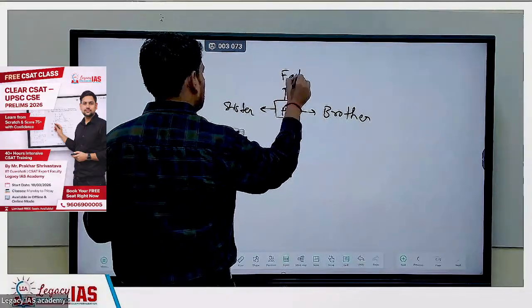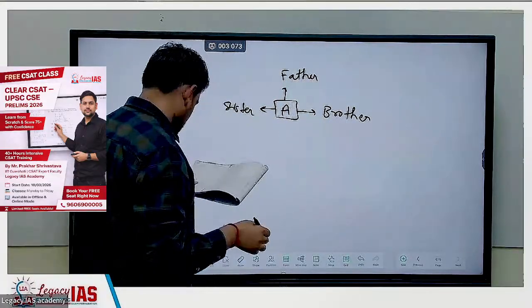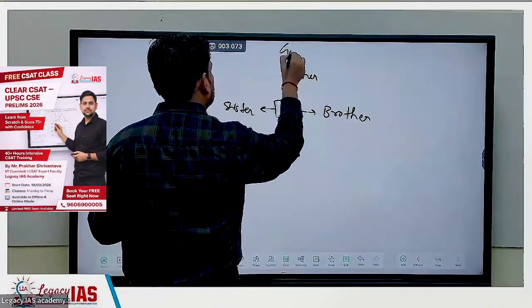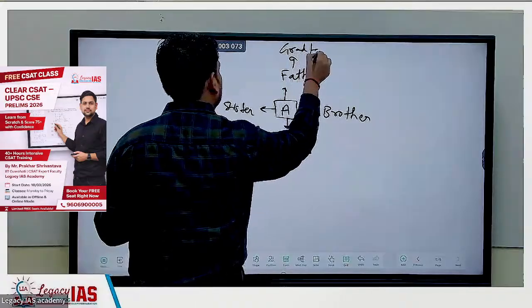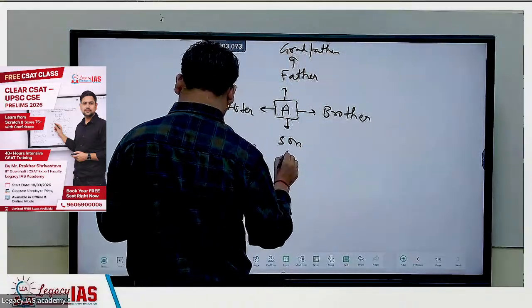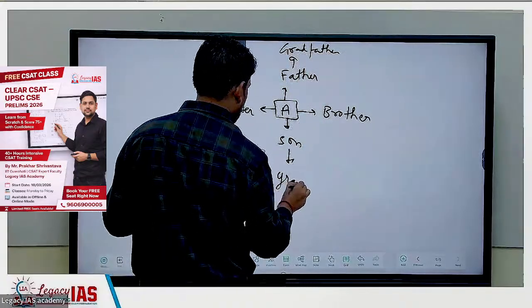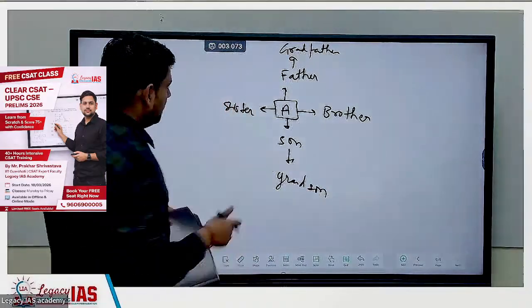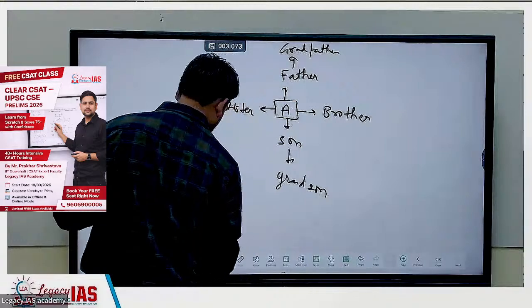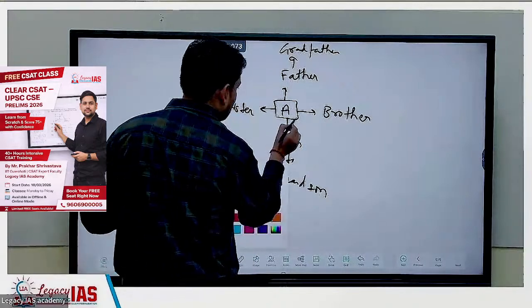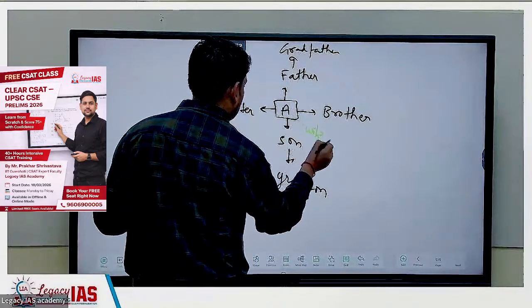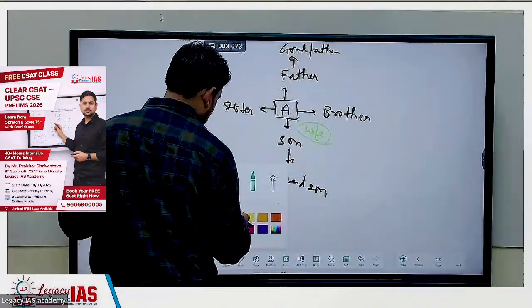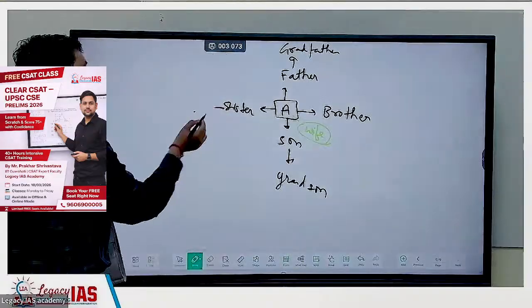Here, let's say father. Then son. Then grandfather. Then grandson. Here is wife. Now let's marry all other characters as well.